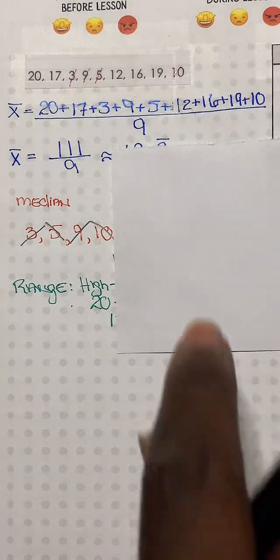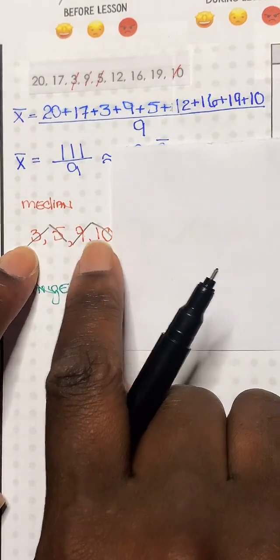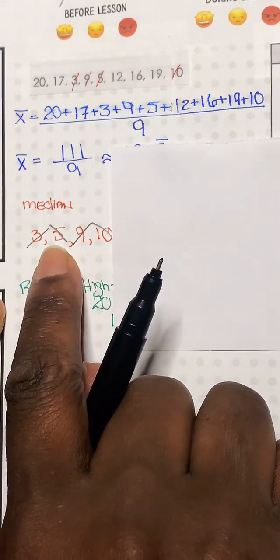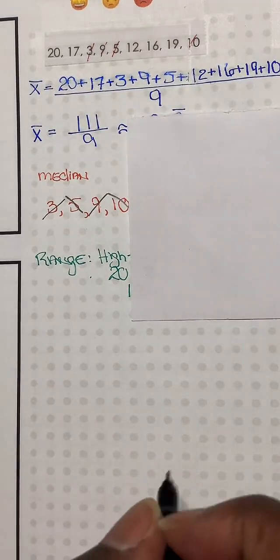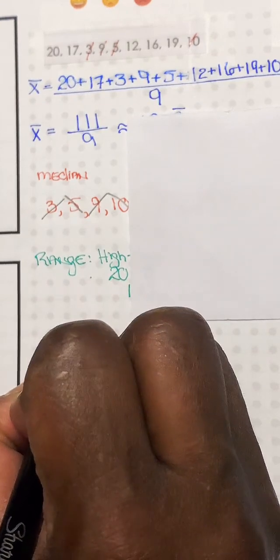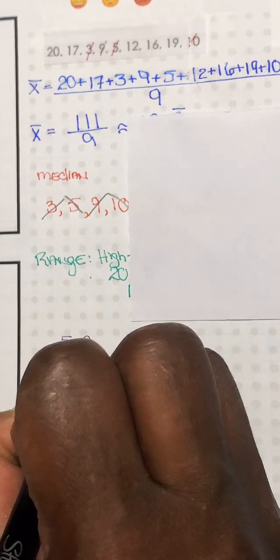So this is what happens. This time we have an even number of data. If I count to the middle, there is something between 5 and 9. How I would find that is I would have to add these two numbers up and divide by 2.